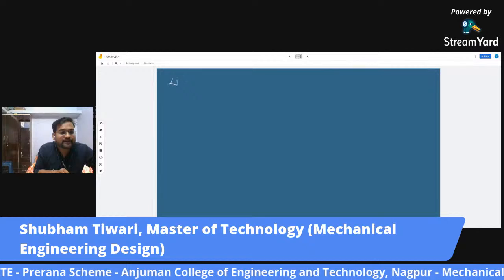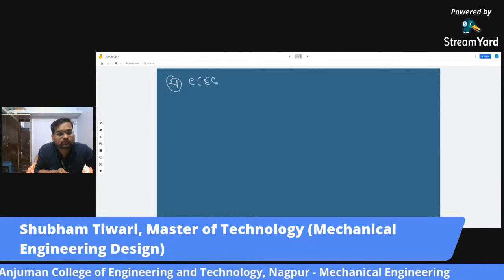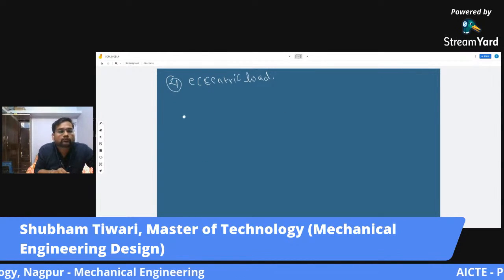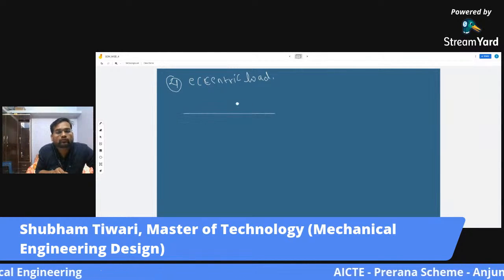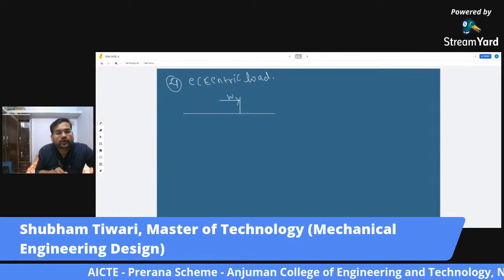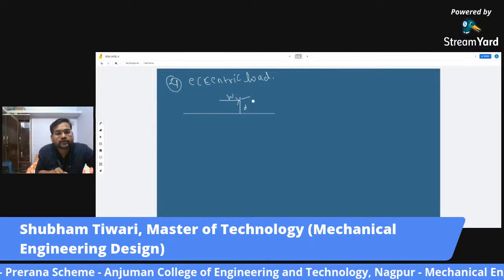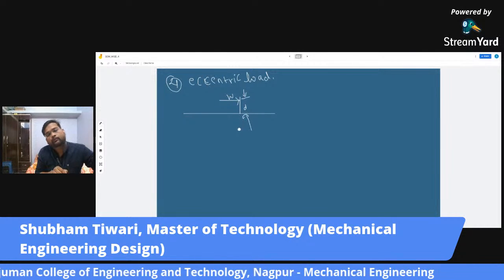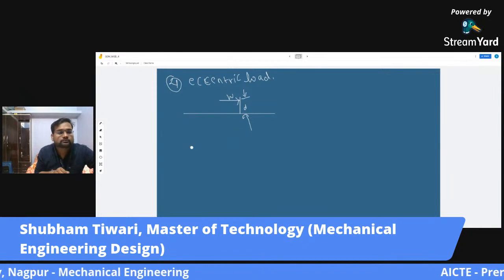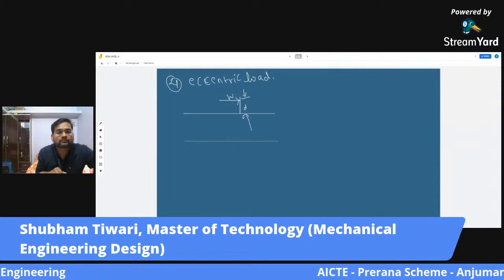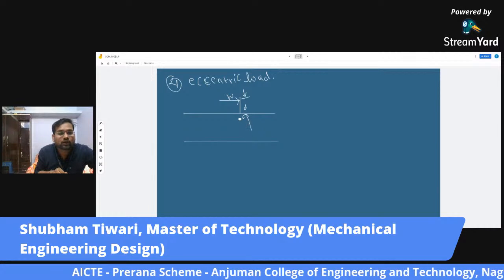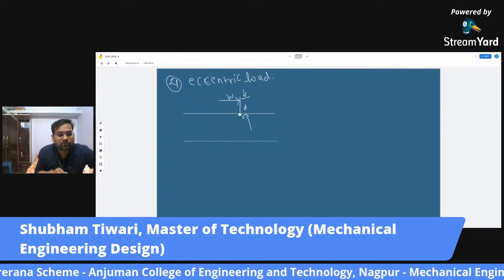Now, if you come across an eccentric load, this is load W, and this is the difference D. It is eccentric by a distance D. So see, how can we transmit this load to this point?